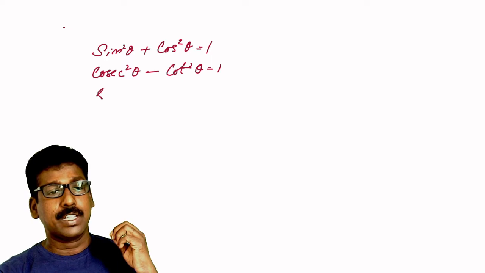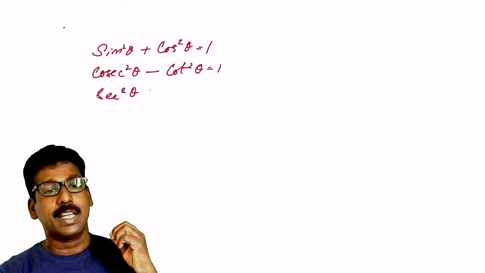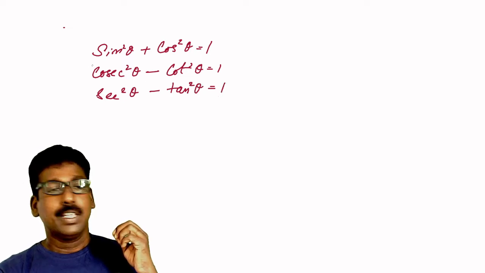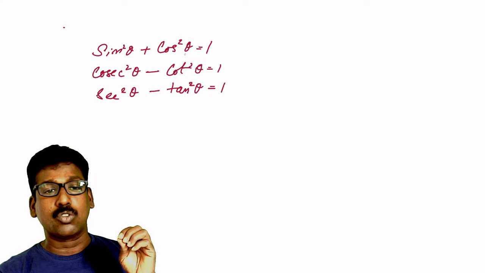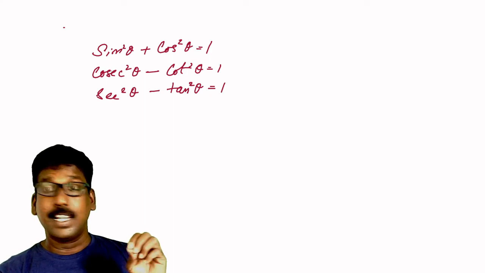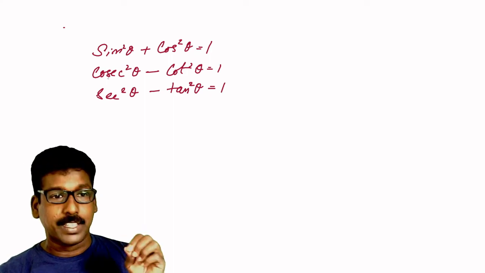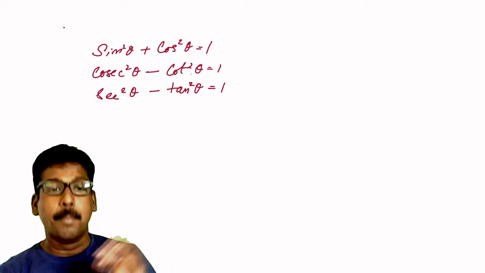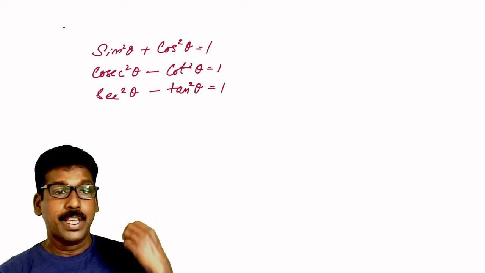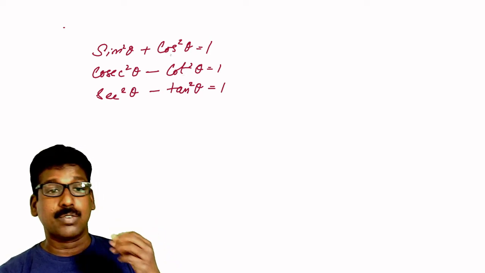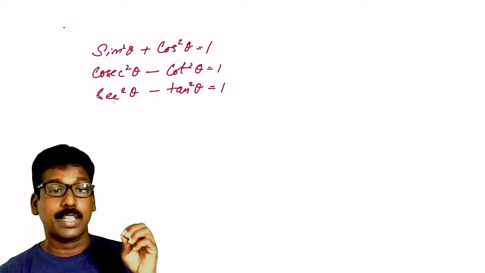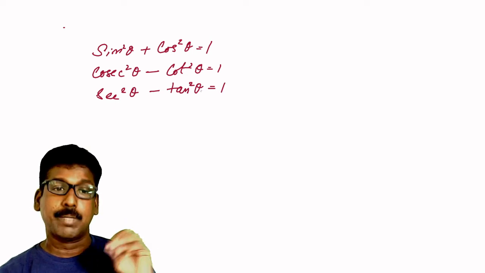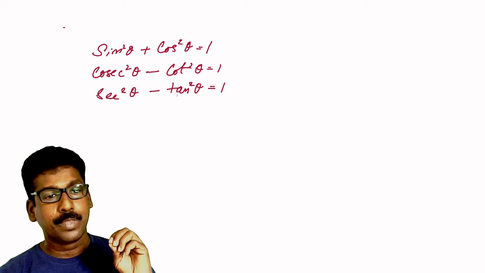And the last one is sec square theta minus tan square theta is equal to 1. The second identity starts from the reciprocal of sin theta, and the third identity starts from the reciprocal of cos.